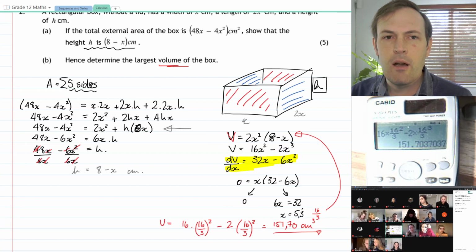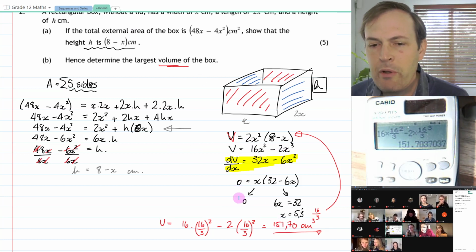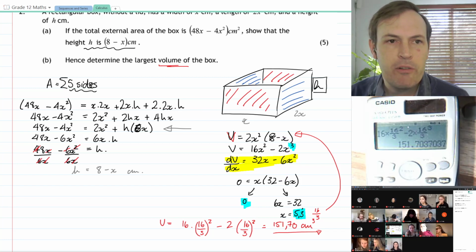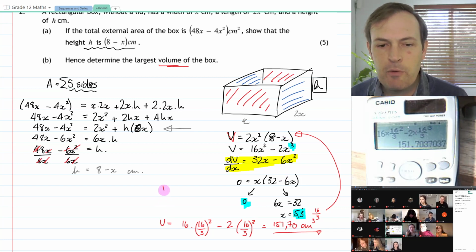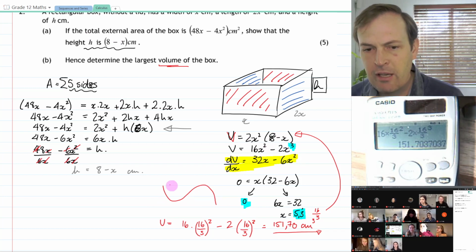One of the questions that does get asked is how do we know that this is a maximum or a minimum? We've got two values that come out of this effectively. What we know about cubics, and we know this is a cubic because of that power of 3, is there's typically going to be a minimum or a maximum. It's a negative cubic, so I know it's going in that general downwards direction.